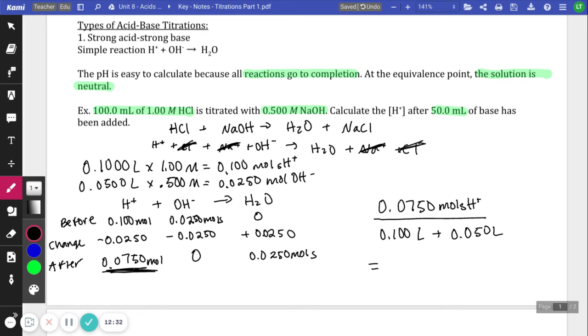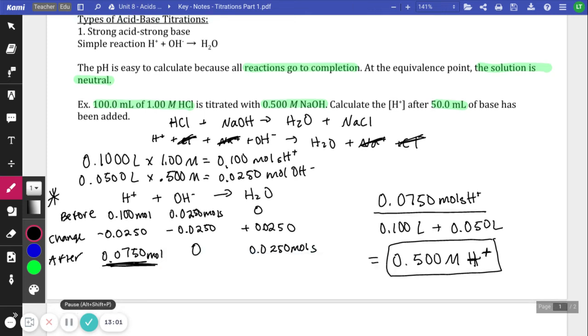And we should be left with 0.500 molar hydrogen ion concentration. Okay, so really these don't involve a lot of stoichiometry. It's just looking at this BCA table and figuring out which one's completely consumed.